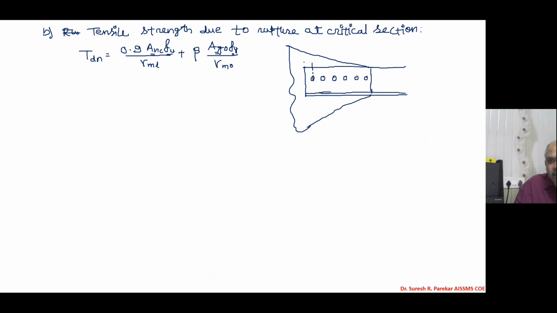All these values are 40. So 40, 40. So these all will be 40. So this distance will be 1, 2, 3, 4, 5. That is 5 into 40, which will be 200.